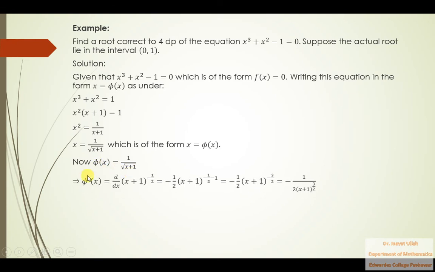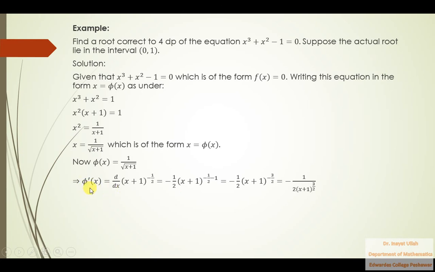So that will be phi prime x, and this will be the derivative of this function. This function is written in this form by shifting this denominator towards the numerator. So that's why the power of x plus 1 is minus 1 by 2. Now using the power rule to find the derivative of this function, power down, power minus 1, and simplifying this function, we will get this thing. We see that here is a negative sign, and this is phi prime x.